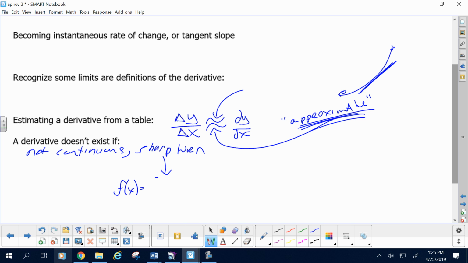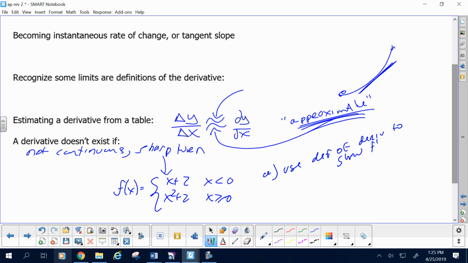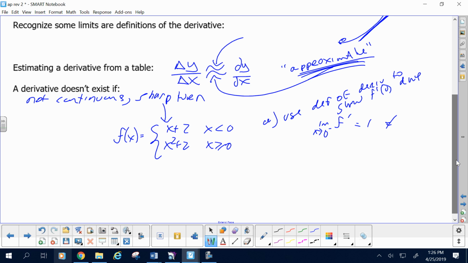For example, if question A said use the definition of the derivative to show f prime at 0 doesn't exist, it would not be enough to say the limit as x goes to 0 from the left of f prime is 1. That doesn't use the definition of the derivative. That uses derivative knowledge, but it would not be enough.